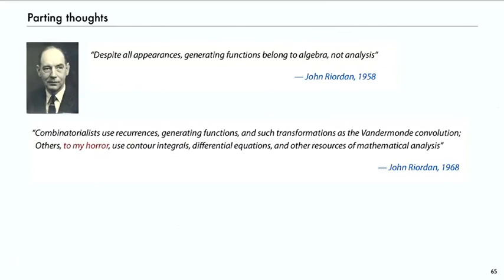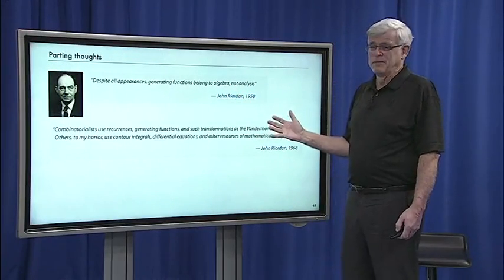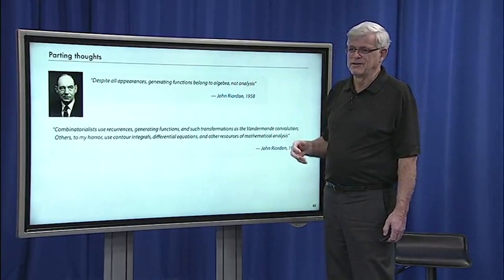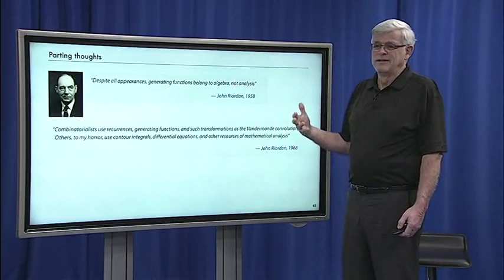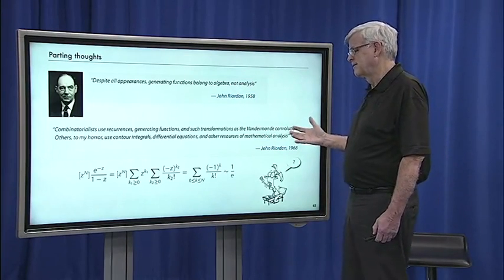Others, that means people who are not combinatorialists, and so they should be able to do what they want, but Riordan said, to my horror, they use contour integrals, differential equations, and other resources of mathematical analysis. Not sure what he means by to my horror. But I can remember reading quotes like this, and Riordan's not the only one, as a student, and being completely, really confused about what to do.